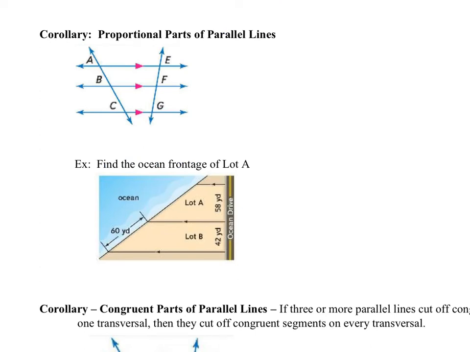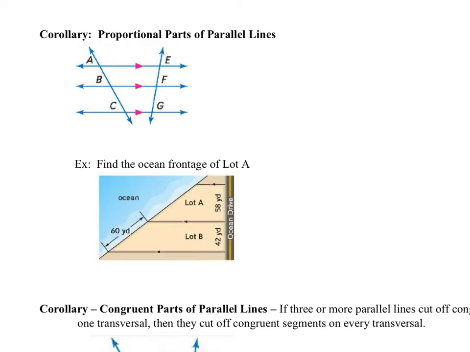There are a couple of corollaries to the triangle midsegment theorem, and the first one looks like this. It's called the proportional parts of parallel lines. If you'll notice, we have three lines here that are parallel. We know they're parallel because of the way they're marked. And these three parallel lines are intersecting two transversals.